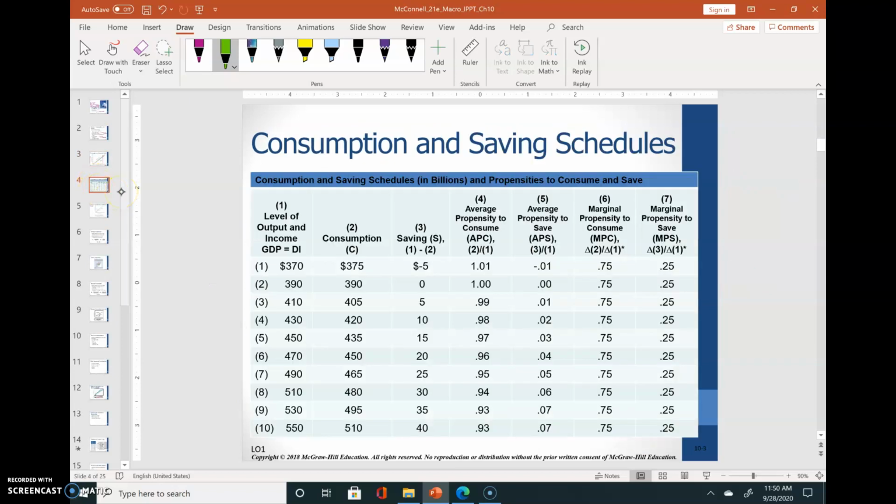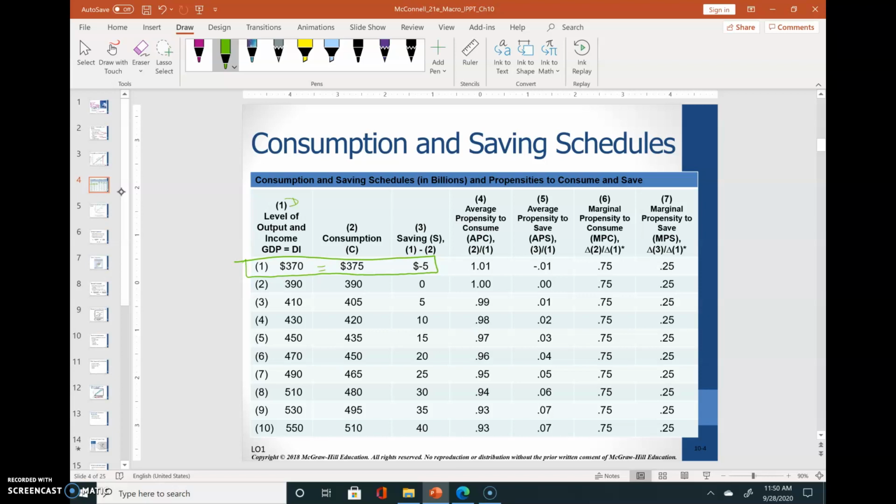Now take a look at these numbers. We see we have some take-homes from these numbers. I will look at row 1 here. If I look at row 1, I see 370 is equal to 375 minus 5.